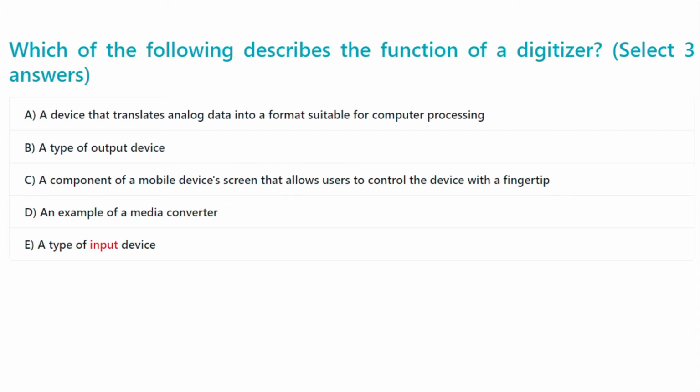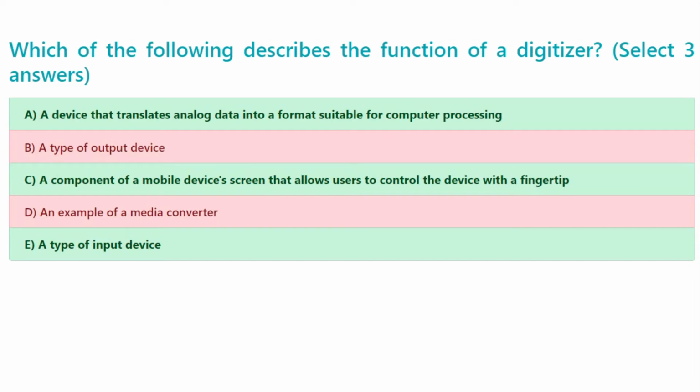E. A type of input device. The correct answers are A. A device that translates analog data into a format suitable for computer processing. C. A component of a mobile device's screen that allows users to control the device with a fingertip. E. A type of input device.